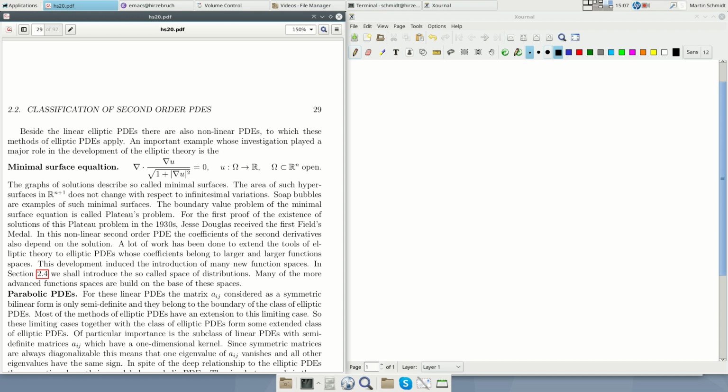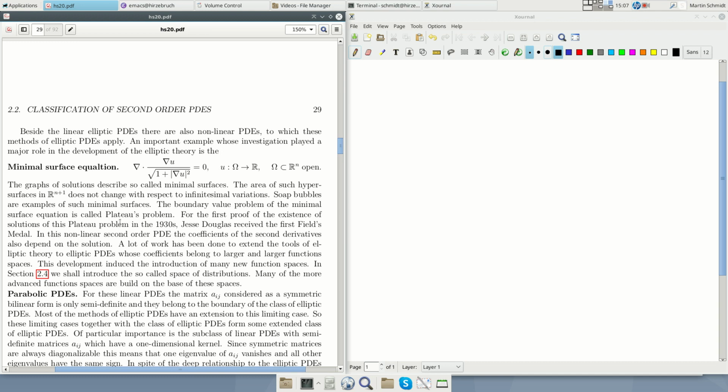And so this is Plateau's problem, and for the solution of this problem in the 1930s, Jesse Douglas received the first Fields Medal. The Fields Medal is the most important prize you can achieve as a mathematician.